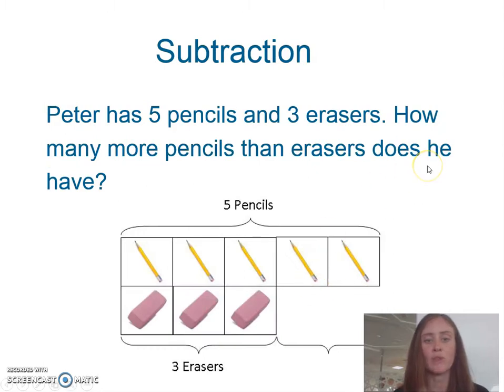When we move on to subtraction, our bar model looks slightly different. Peter has 5 pencils and 3 erasers. How many more pencils than erasers does he have? So I've drawn straight away my 5 pencils.